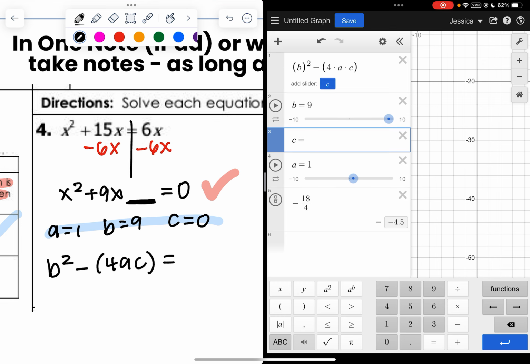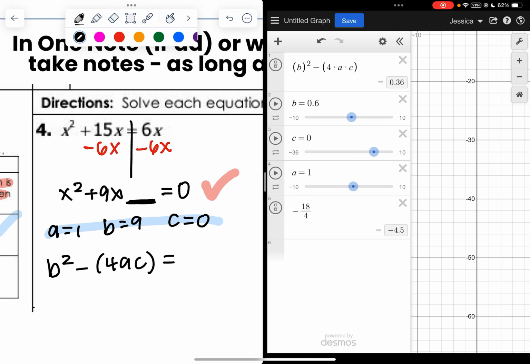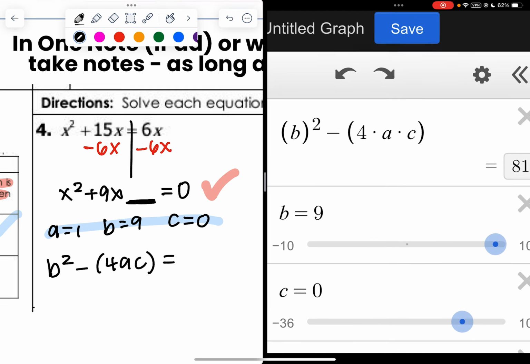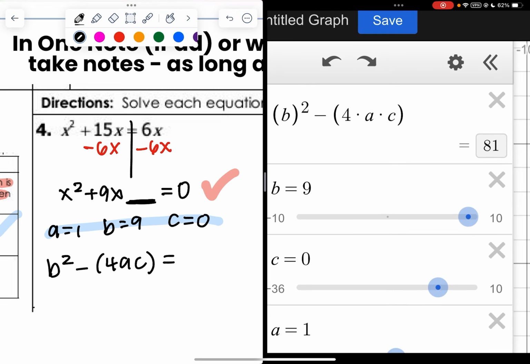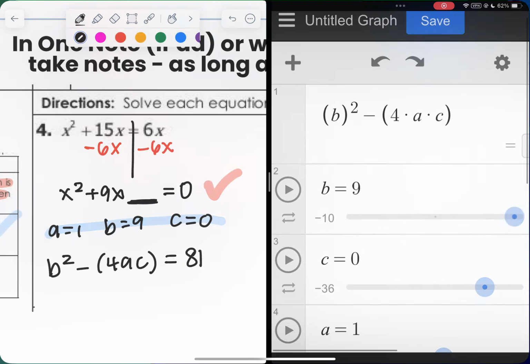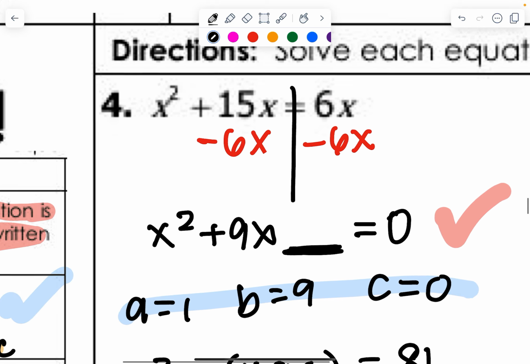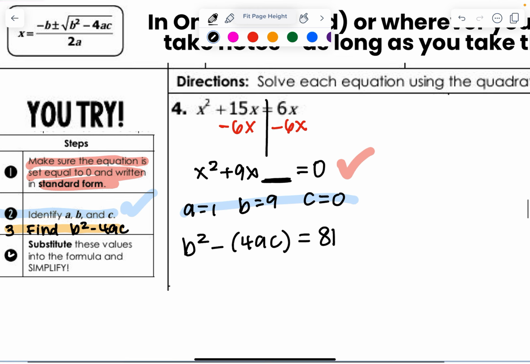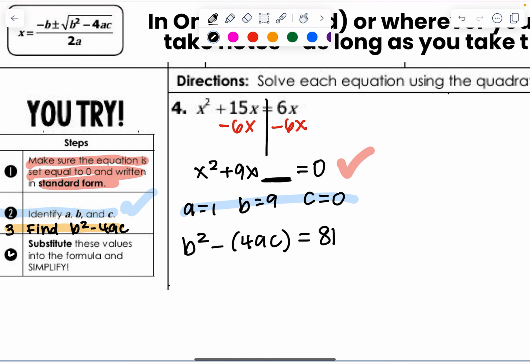So we'll just delete that and change it to 0. You can see that B squared minus 4AC is giving us 81, with B is 9, C is 0, A is 1. So 81, another perfect square. Pro tip: just for today, I'm choosing examples where the discriminant is a perfect square. It's not always a perfect square, but just for our intro, day 1, I wanted to make sure the numbers were nice.